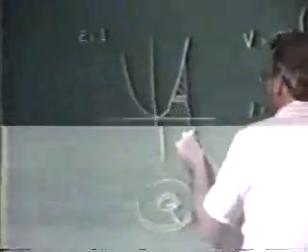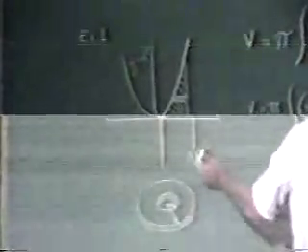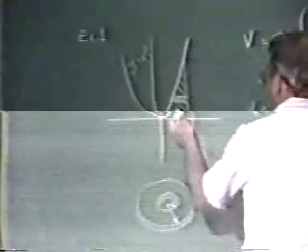Looking at example 1, it says, find the volume generated if the area bounded by the curve y equals x squared and the line x equals 2 and the x-axis is revolved about the y-axis. We're going to revolve it about the y-axis.